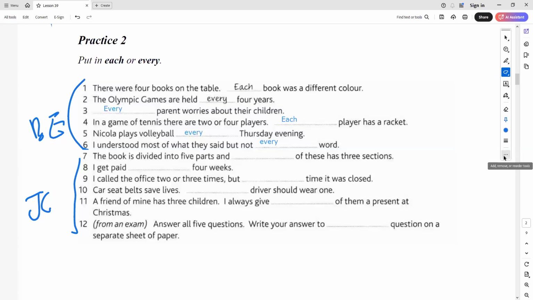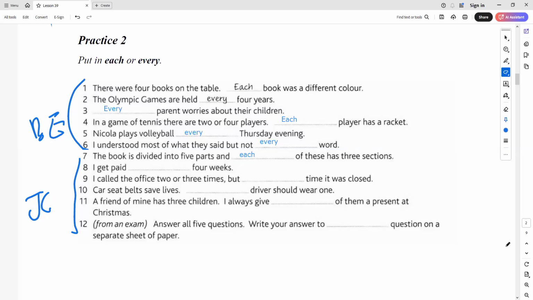The book is divided into 5 parts, and each of them has 3 sections. Okay, Jia Chen, so number 7, the book is divided into 5 parts and each of these has 3 sections.